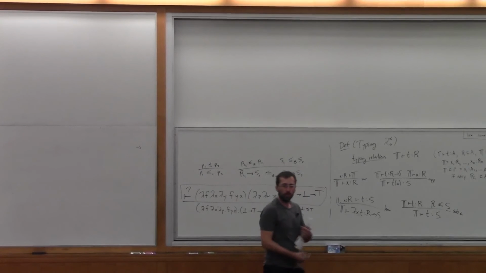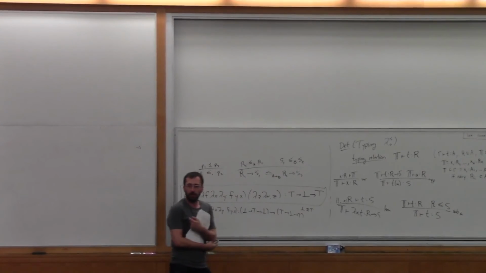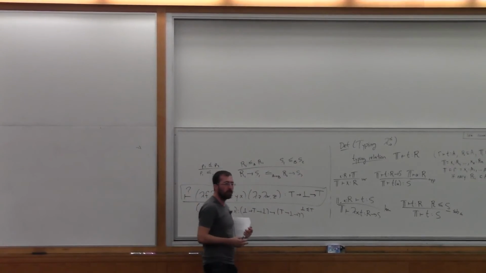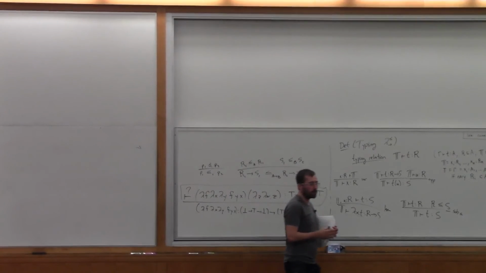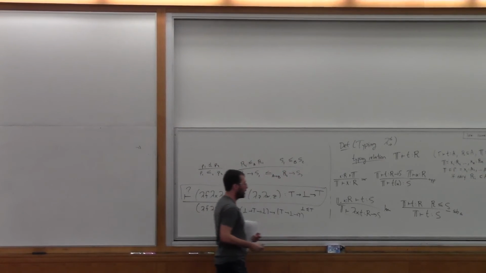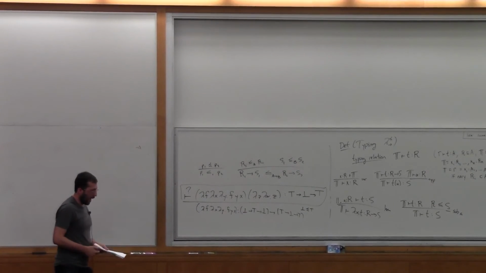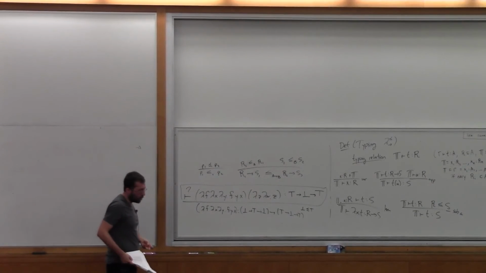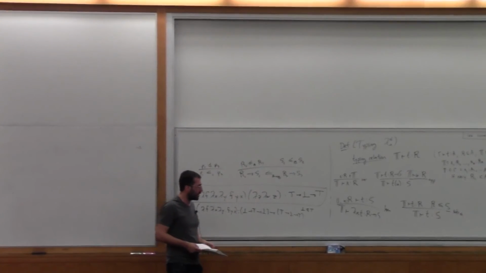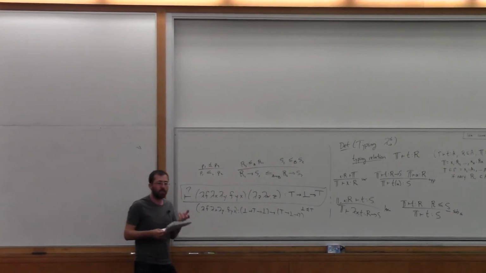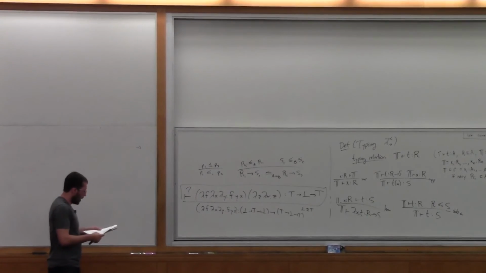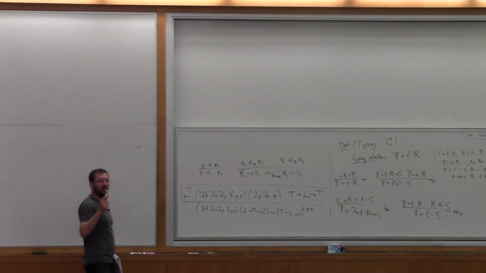If you're familiar with programming in languages like ML, you're familiar with the idea of type inference. We don't always have to write annotations. The system can infer types. And in order to do that, something that it usually needs is a principal type.